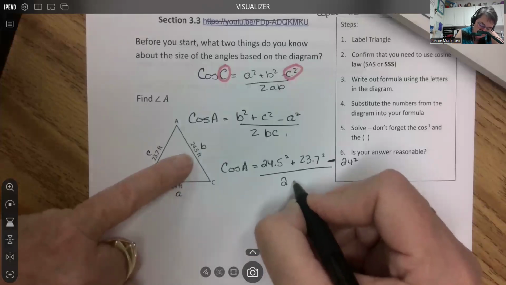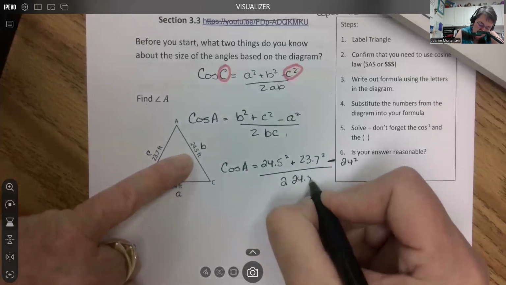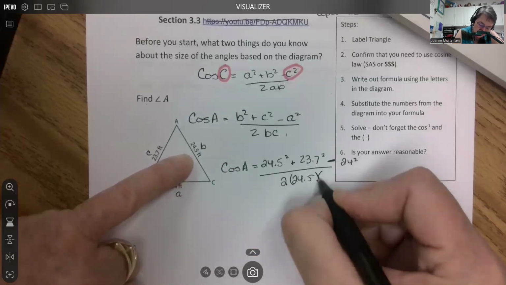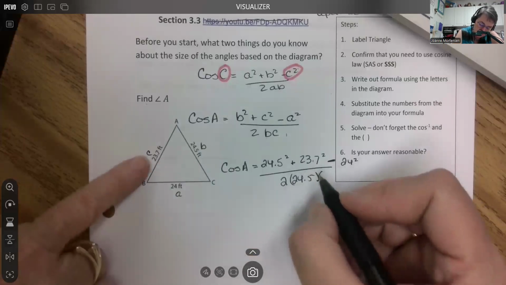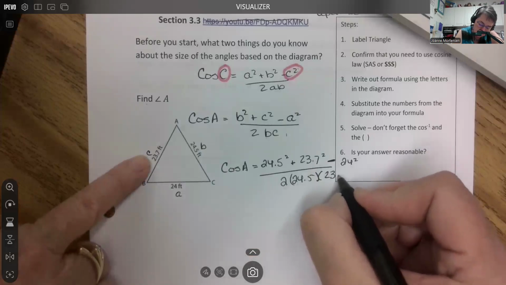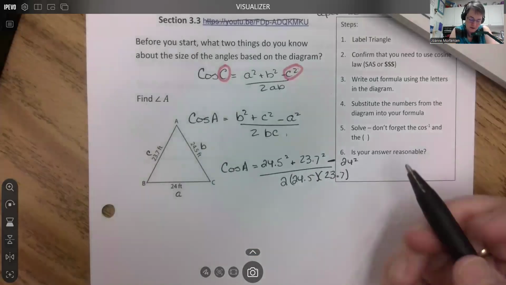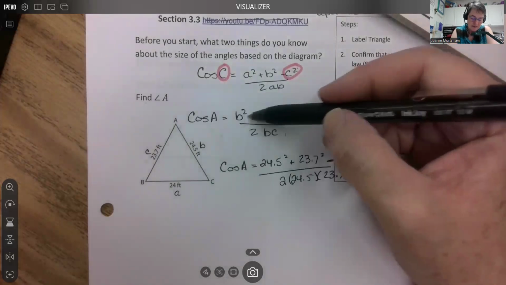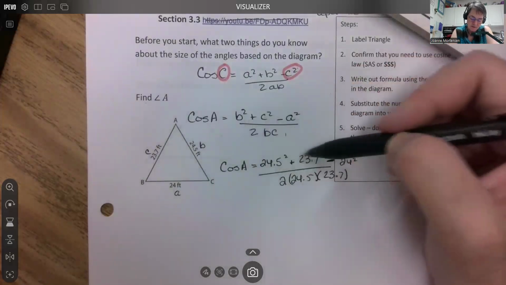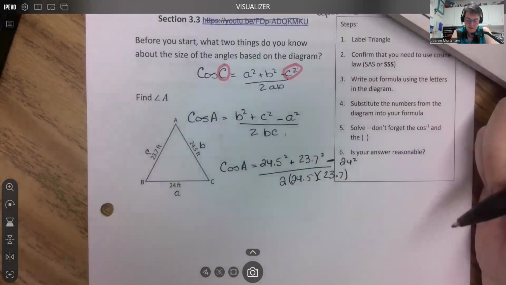There's B. 24.5 times C, which is 23.7. Okay, I'm just going to double check, because we've got BC there, so 24.5, 23.7.